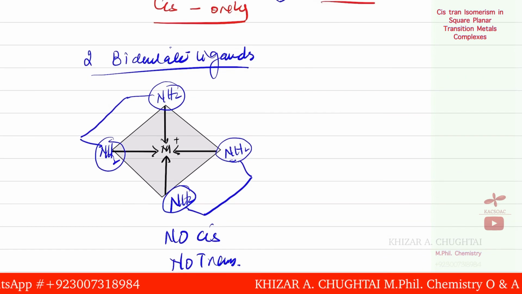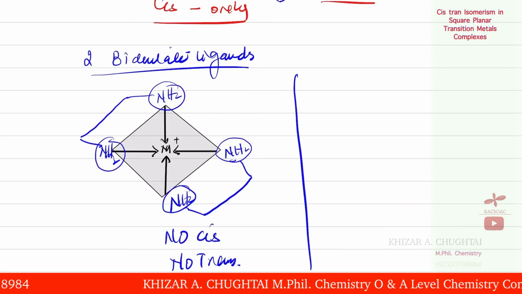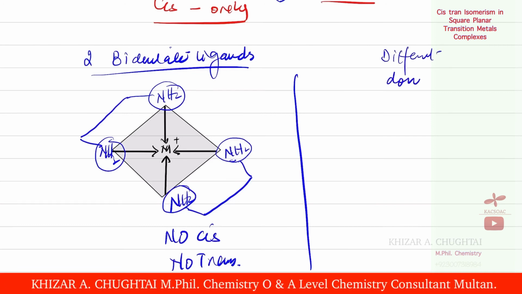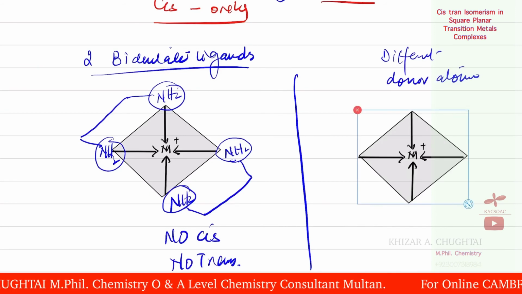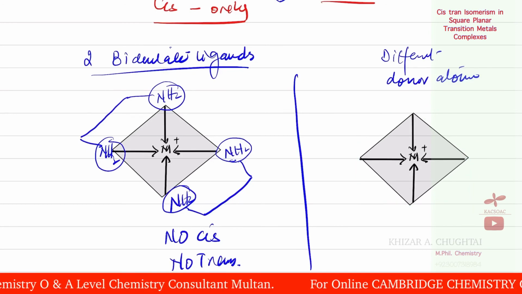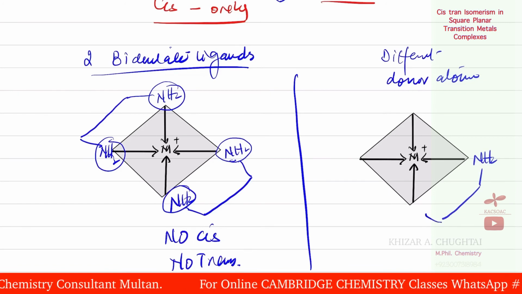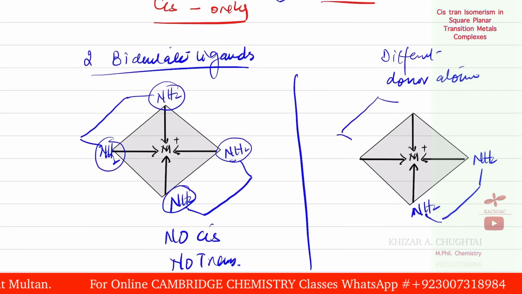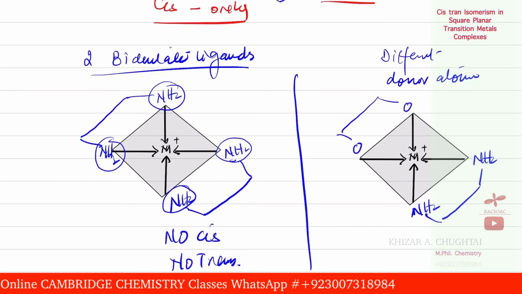If there are two bidentate ligands with different donor atoms, let's see once again: NH2, CH2, CH2, NH2, and I'm writing another bidentate ligand having oxygen as the donor atom.